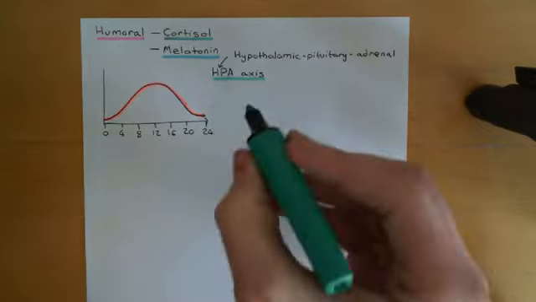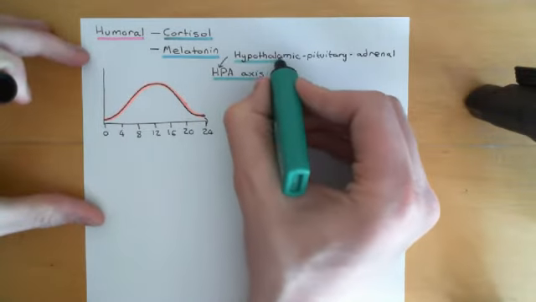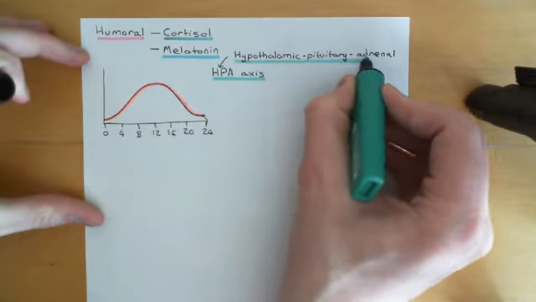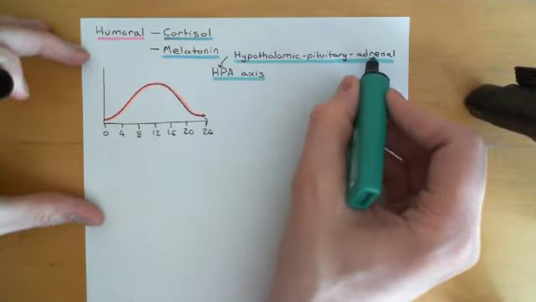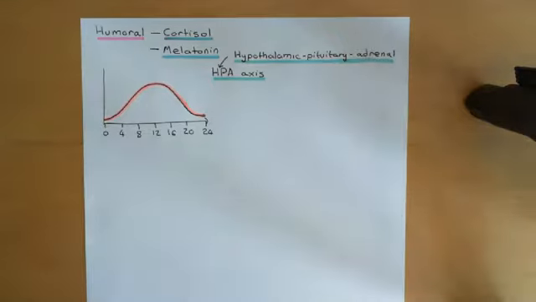If you want to release cortisol from the adrenal gland, you have to make the hypothalamus send a message to the pituitary, which then sends a message to the adrenal glands, which tells the adrenal glands to release the cortisol. And that's what this hypothalamic pituitary adrenal axis is all about.